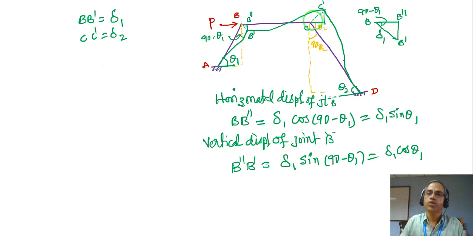Now this being perpendicular to this, these two are perpendicular, so this angle must be 90 minus theta 2. That means this angle is theta 2.